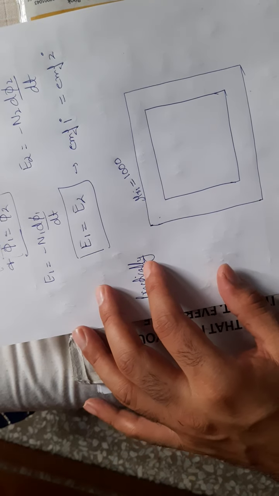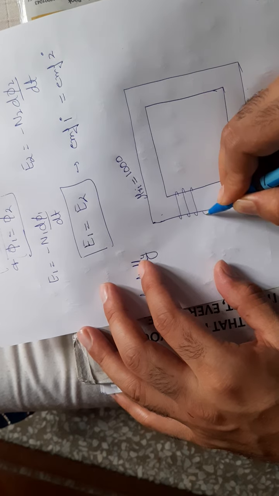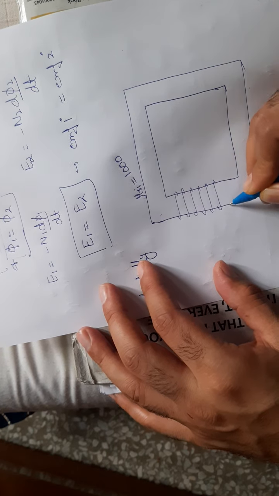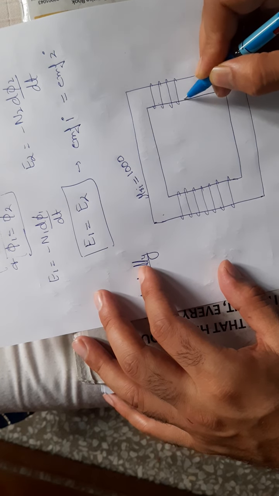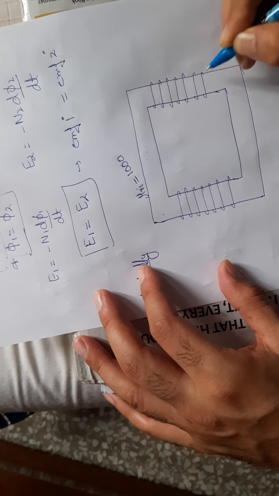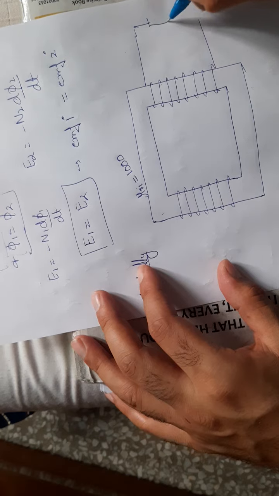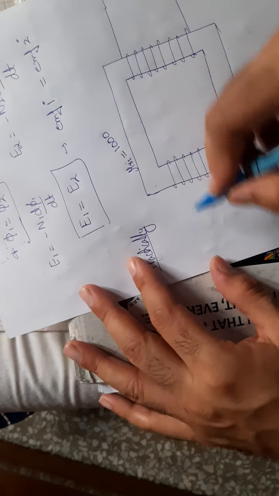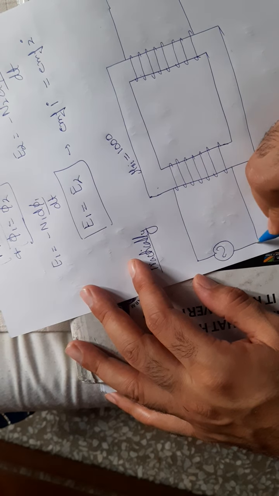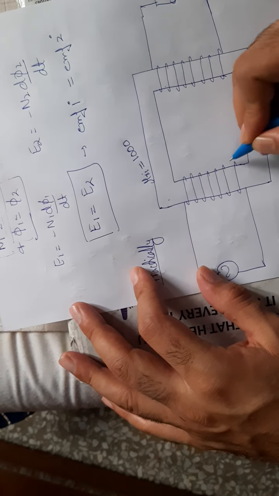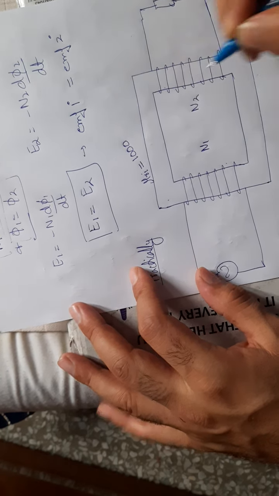I will have some primary windings here and secondary windings here. I have a load here, this is my load, this is my AC source. The number of turns here is N1 and the number of turns here is N2.